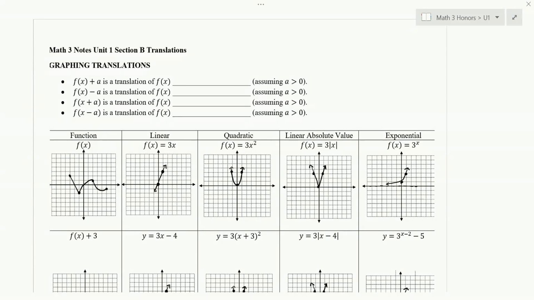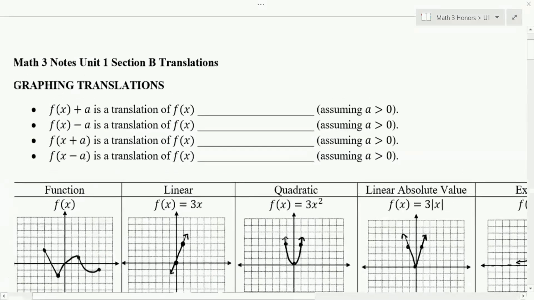So here's a couple things. Assuming a is positive here, if you have a function and you add a number a to it, that will move your graph up however many units. If you subtract a, it will move it down.